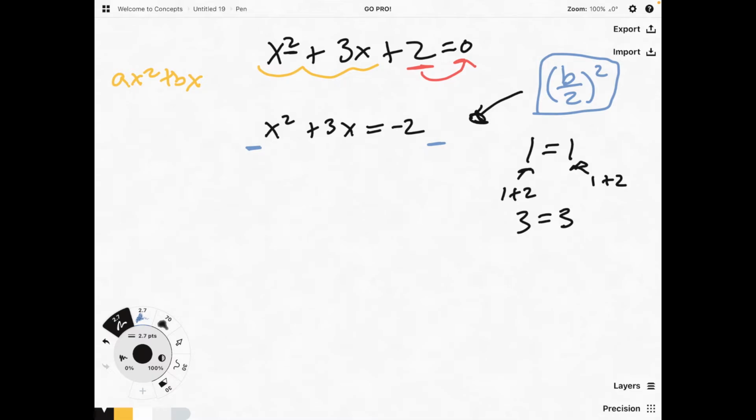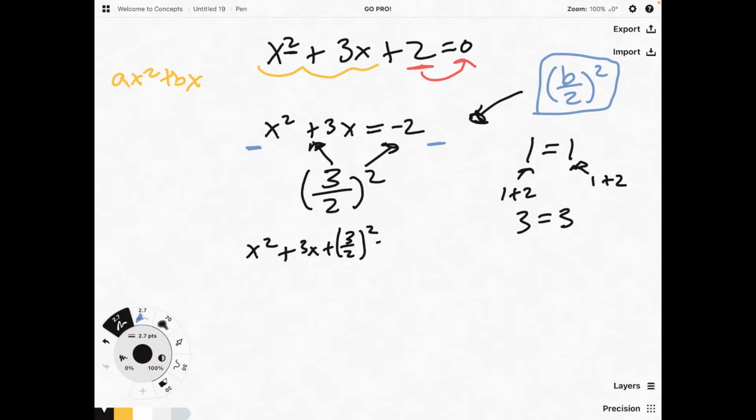To do that, all we need to do is take the coefficient of b, which is 3, divide it by 2, and we square that. So that value needs to be added to both the left side and the right side. So we have x squared plus 3x plus 3 over 2 squared equals negative 2 plus 3 over 2 squared.